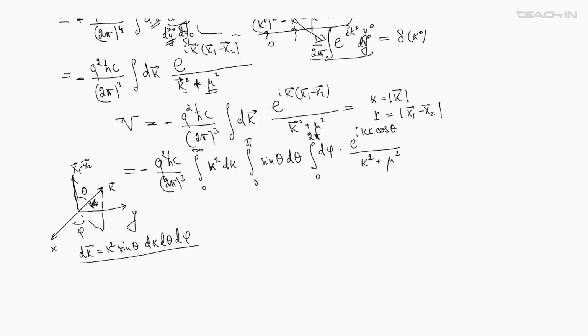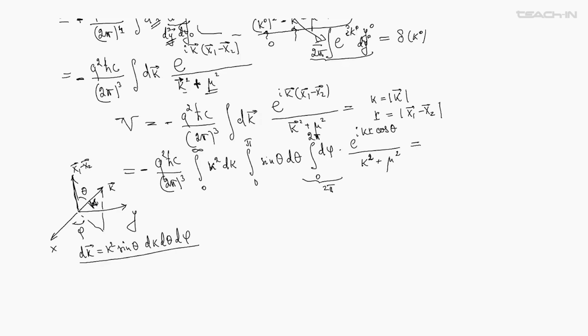Now, nothing depends on angle phi, so you can immediately integrate. So you will get just 2 pi from this integral. This is clear. Then you can also integrate over angle theta.